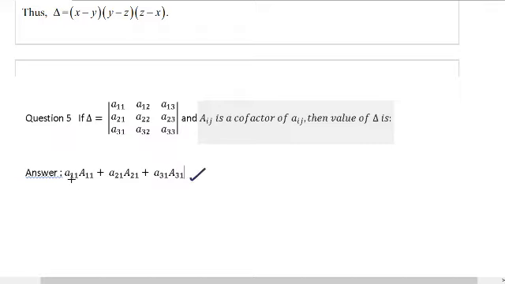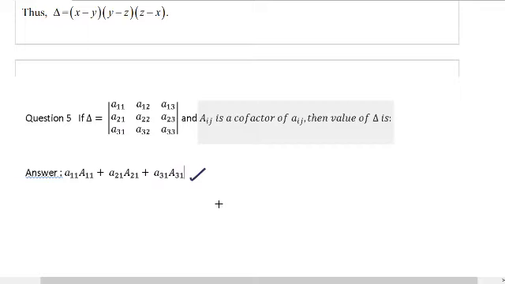Because the numbers of the cofactors must be the same as the numbers of the elements, right? So if 1 1 is here, also it should be 1 1 only, then this element is done. Then if 2 1 is there, then the cofactor must also have 2 1, and then if 3 1 is there, then the cofactor must also have 3 1.